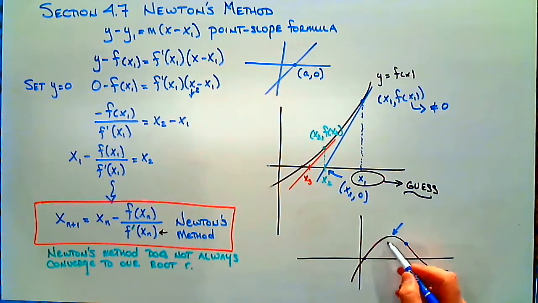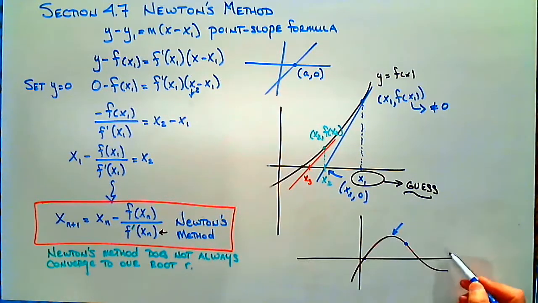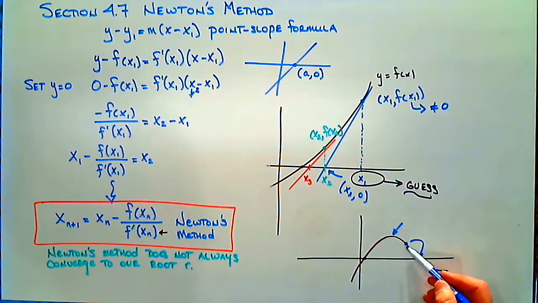My root is on the left-hand side of my max here, but I've picked my initial guess on the right-hand side of my max. This series of tangent lines, well, in this case, of course, would find this root, but if there wasn't a root over here, this series of tangent lines wouldn't find us any solution.